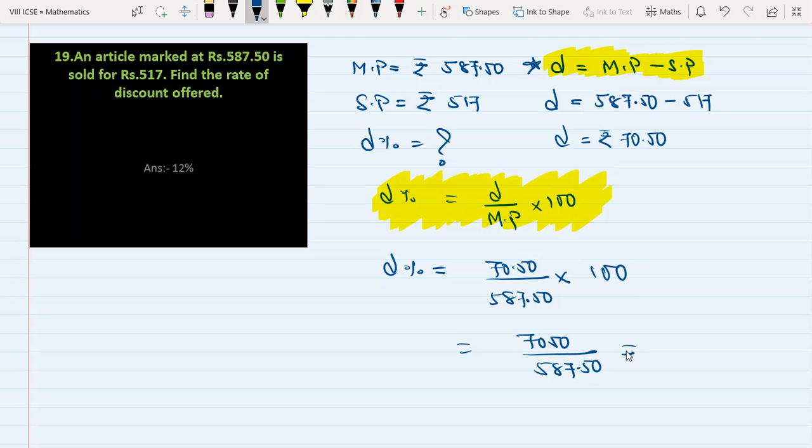Let's calculate this. 7050 divided by 587.50, and we are getting the answer as 12%. So these formulas are absolutely correct. Have you noted the three formulae down?